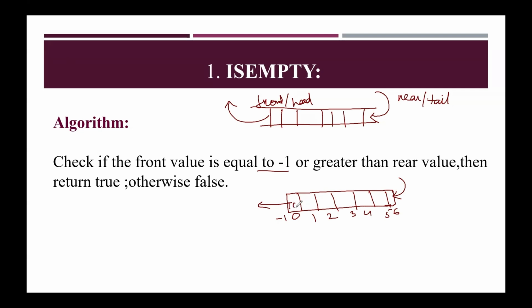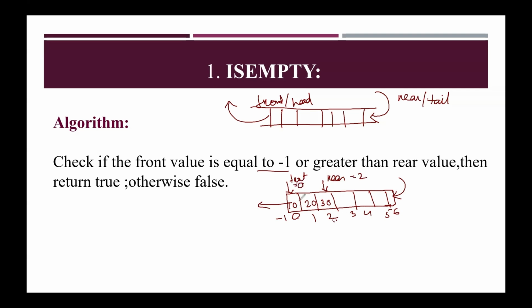For example, 10 is present, 20 is present, 30 is present. This is the front end, this is the rear. This is the position where we are going to delete the item. What is the front value? The front value is 0. The rear value is 2 because it points to the index.